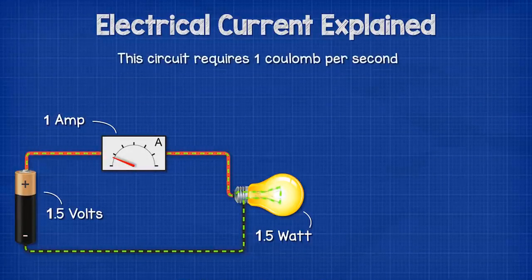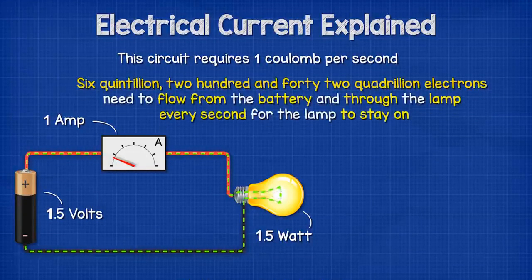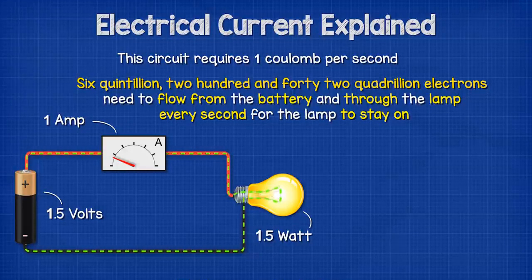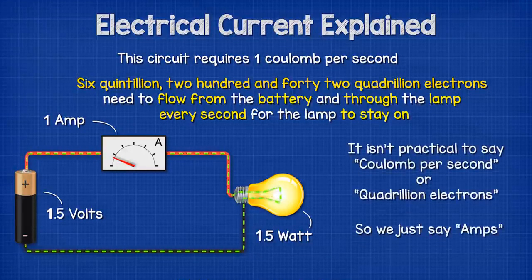That means that the circuit requires 1 coulomb per second, which means approximately 6,242 quadrillion electrons need to flow from the battery and through the lamp every second for the lamp to stay on. But as you can see, it's not very practical to say how many electrons per second are flowing. So engineers just say amps to save time.